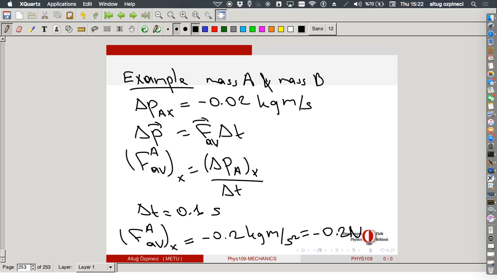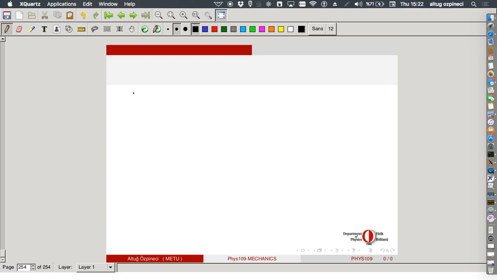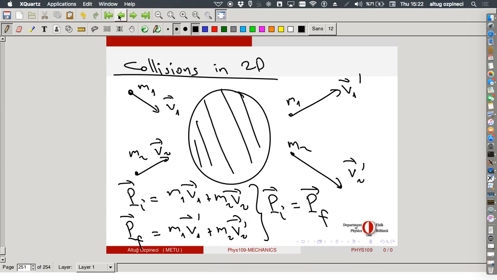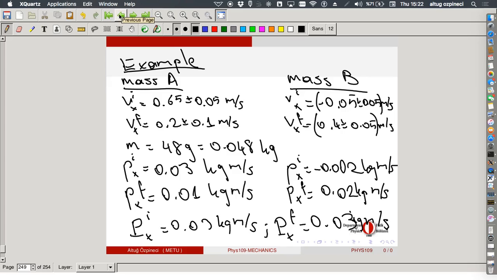Of course, from this information we can also determine the average x component of the force acting on B. It should be plus 0.2. Well, let's check if it is actually the case. The average force on B, the x component, will be the change in the x component of the momentum of B divided by delta t.